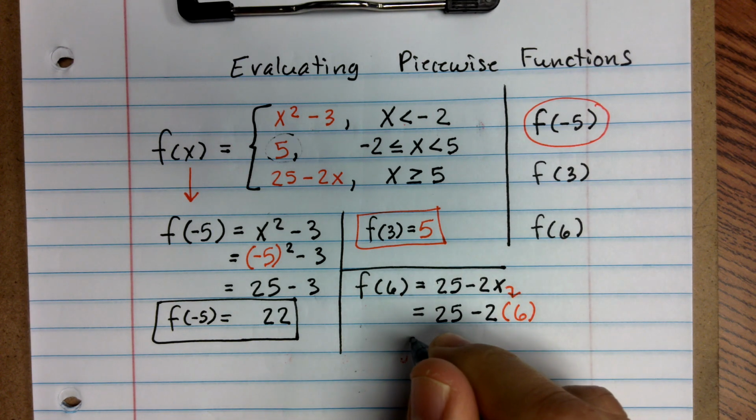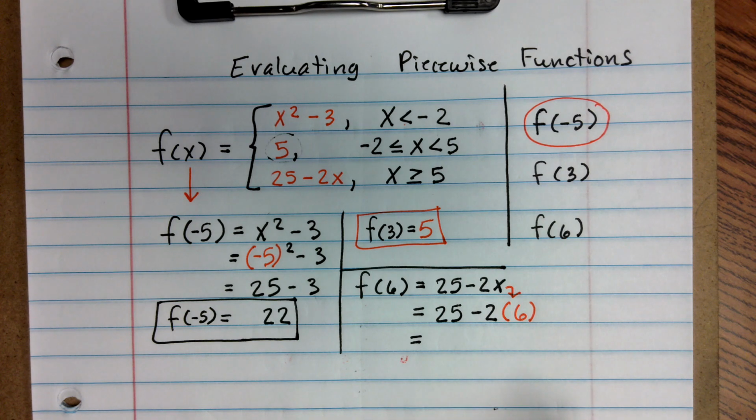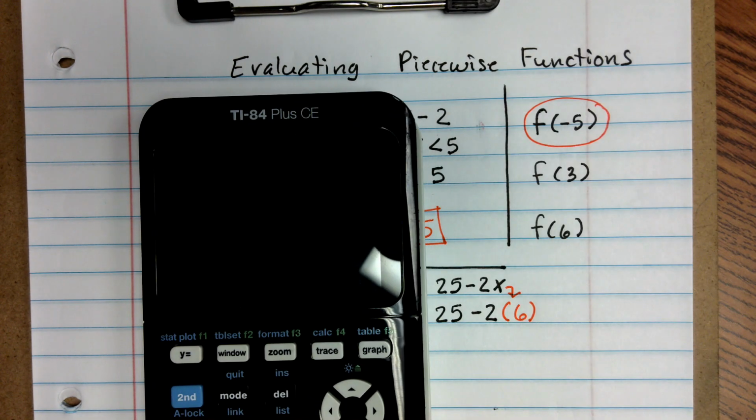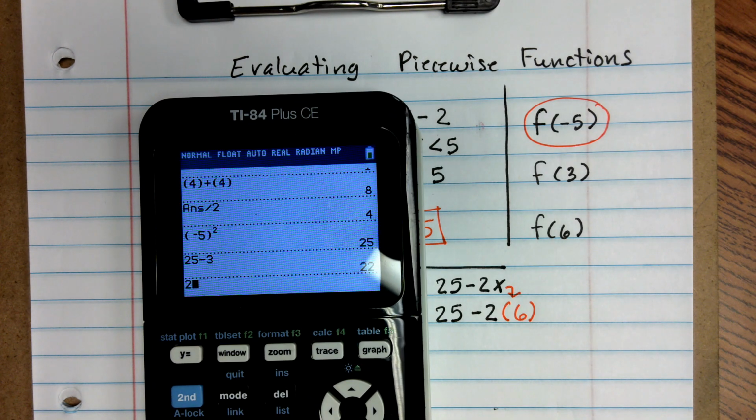Now in this one, we can work it out by hand, but we could just put this in the calculator at this point. We could say 25 minus 2 parentheses 6, close parenthesis, and it says it's 13.